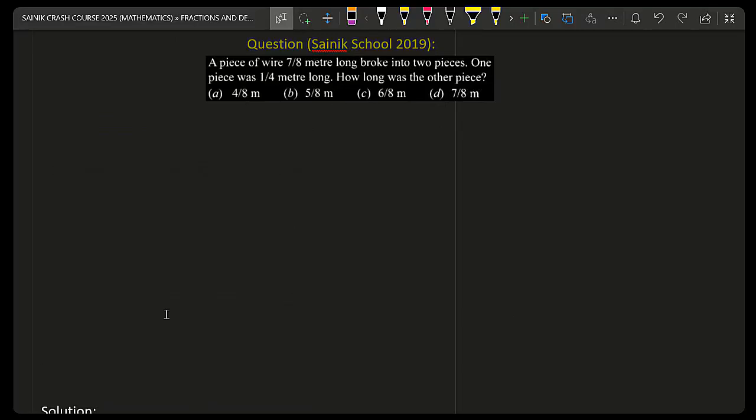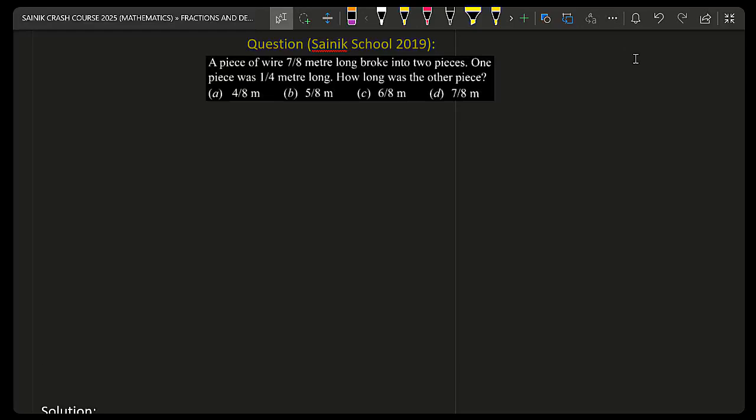One piece was 1/4 meter long. How long was the other piece? Who wants to give the answer can raise a hand. Neeraj, can you give the answer? Neeraj, is Vamshika there with you? Yes, sir. Okay, Vamshika, can you answer this question?